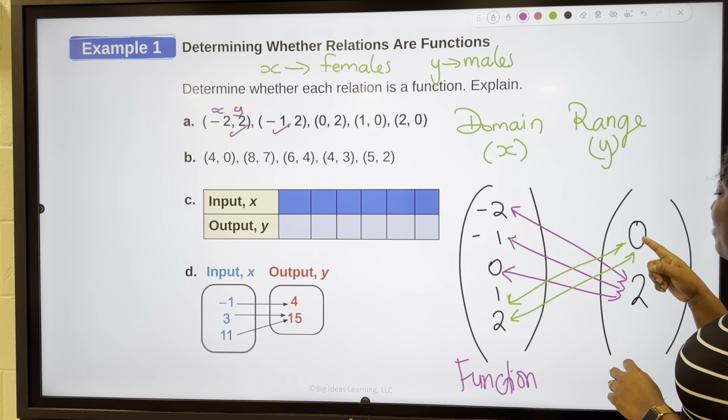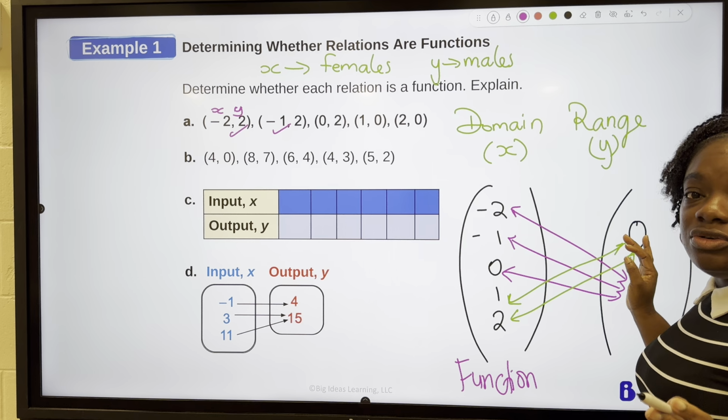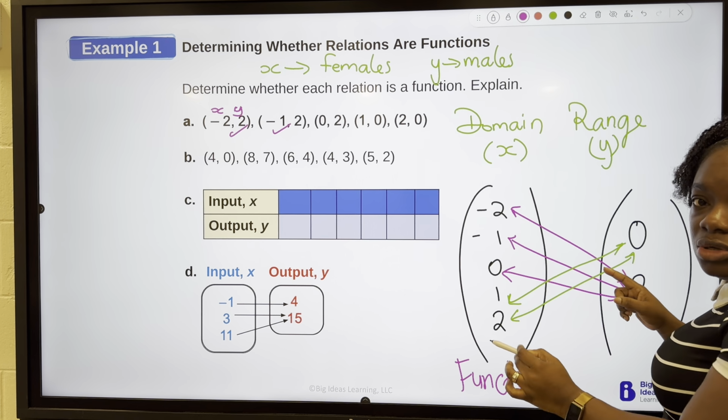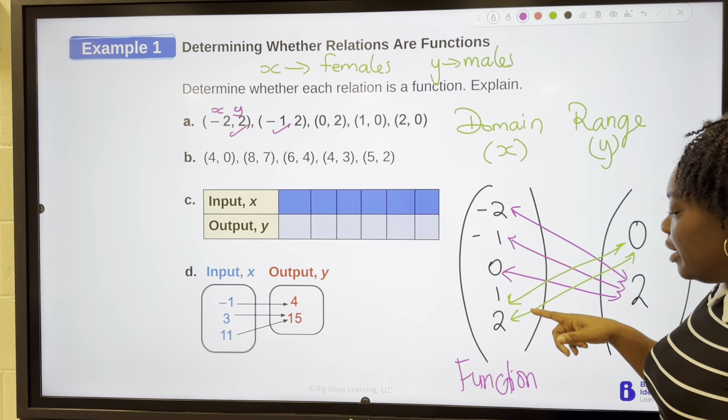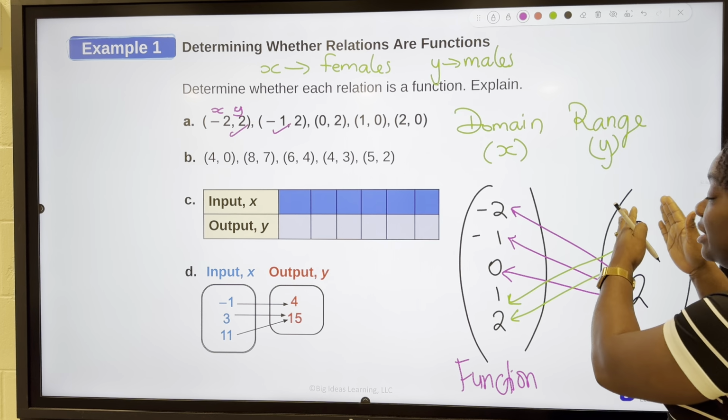All right, now I want to highlight this. Even though, so let's examine the males. This male 0. How many wives does 0 have? 1, 2. So his wives are number 1 and number 2, right? But it's still a function because it's never the male.